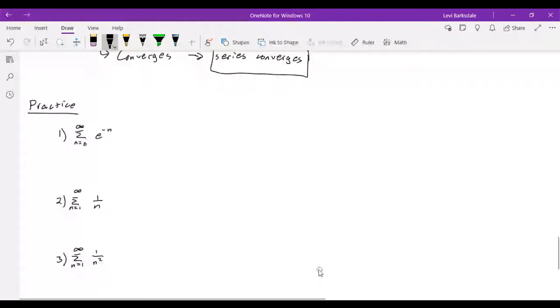All right, let's go over this. So with this first one, e to the negative n is positive, continuous, and decreasing. So we can take the limit as b goes to infinity, integral from 0 to b of e to the negative x dx, which gives us the limit as b goes to infinity of minus e to the negative x, from 0 to b.